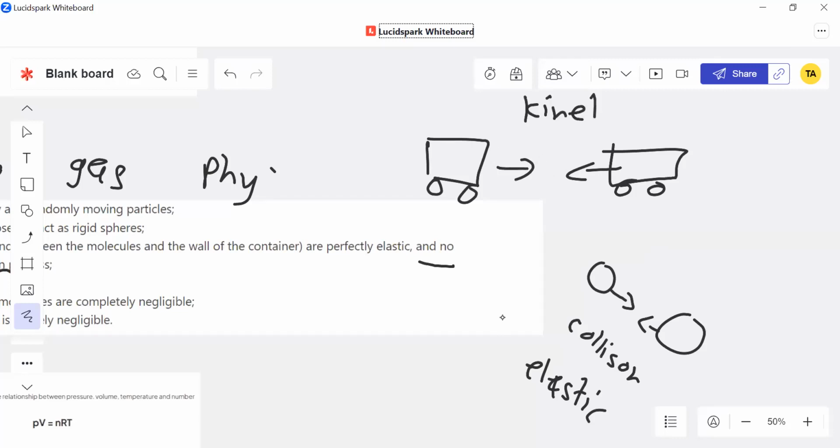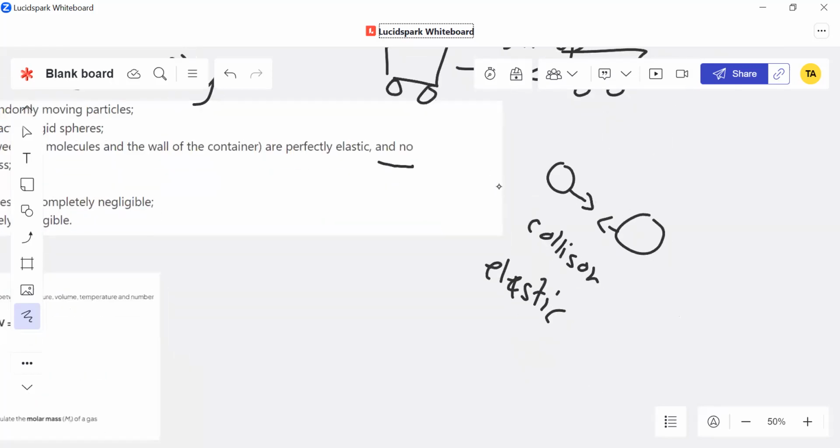So they will lose kinetic energy. Kinetic energy is lost when there is a reduction in speed or velocity, because kinetic energy, everyone knows, is half times mv squared. So when this velocity decreases, you will lose kinetic energy. But in ideal gas, the collision is elastic. You don't lose any velocity, therefore no kinetic energy is lost.